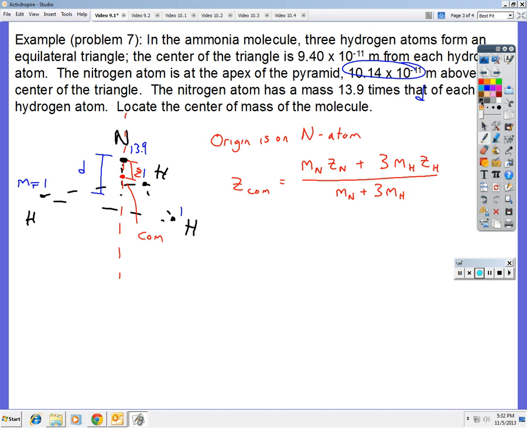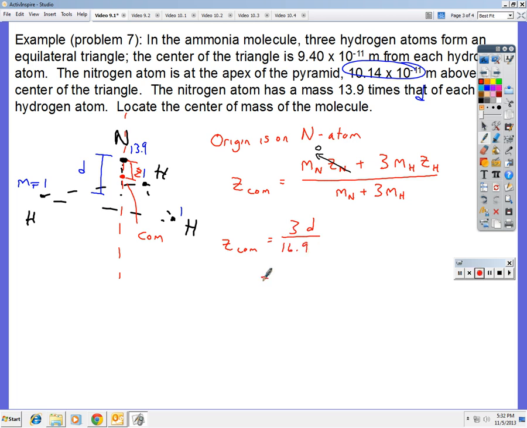Now to make this easier, z_n is defined to be 0, because that's where we pick the origin to be. And that means that the z center of mass is equal to 3, since the mass of the hydrogen is 1, times d, divided by the total mass of the molecule, which is 16.9.